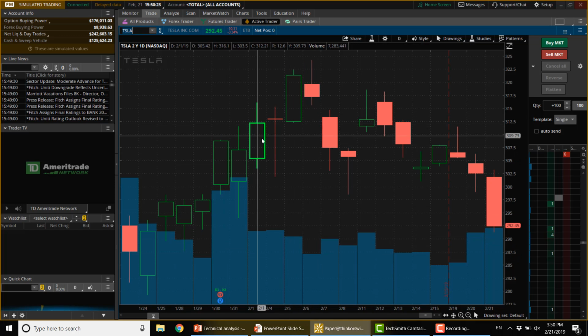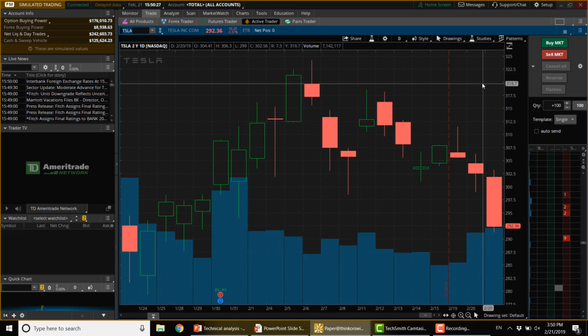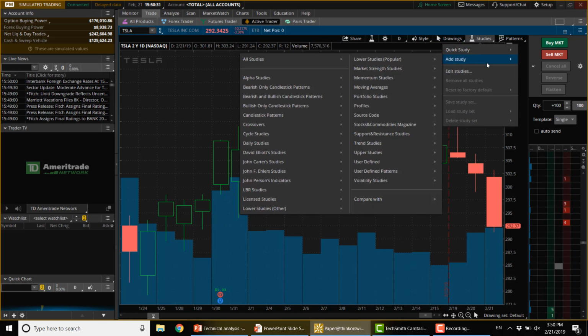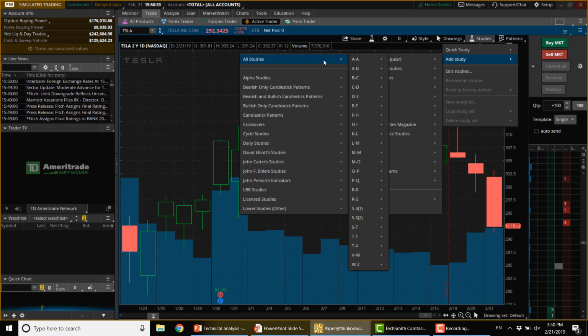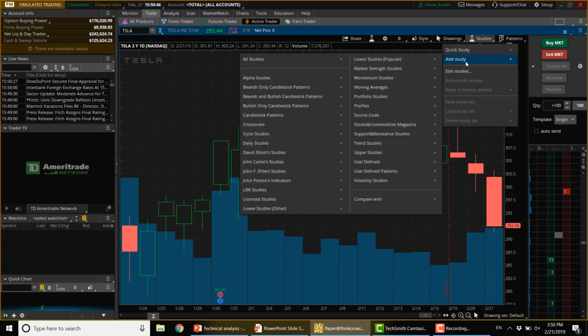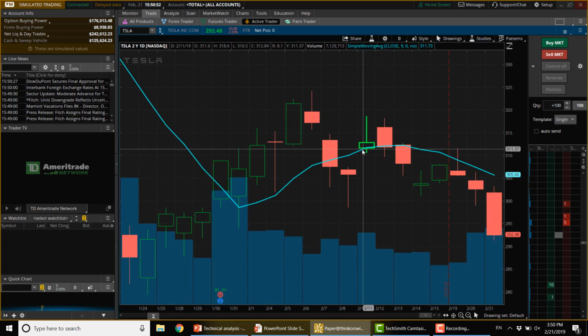Now, what I'm going to do is add in a couple of moving averages. And to do that, I'm going to go up to Studies and add a study, go over to All Studies, and we'll go to Moving Averages, and just go down to simple moving average, just to make things simple.